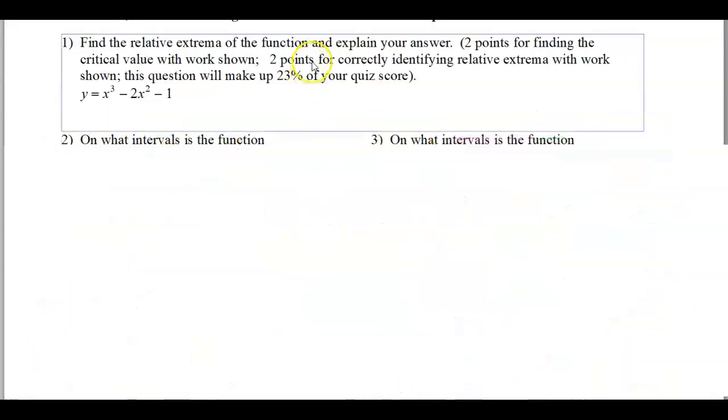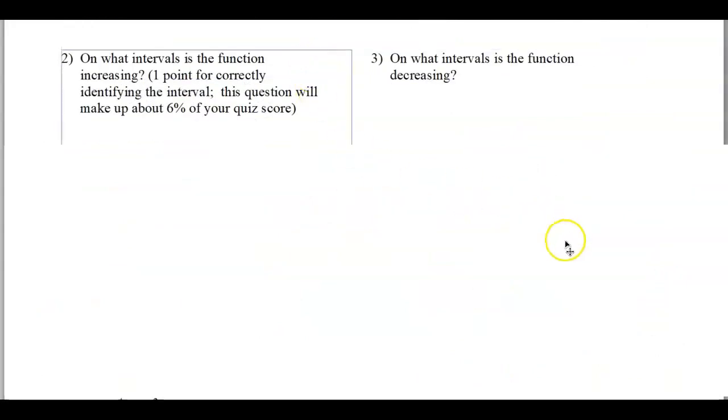Now, I'm not going to ask for any explanations on number 2 because, once again, you've already shown the work for it in the beginning, so you don't need to provide an explanation. If you decided to do the second derivative test on number 1, then you wouldn't know that yet, so you would have to show some work to get the credit for it. But in this case, I can assume your work is already in part 1.